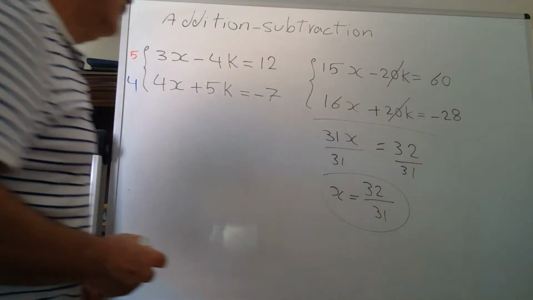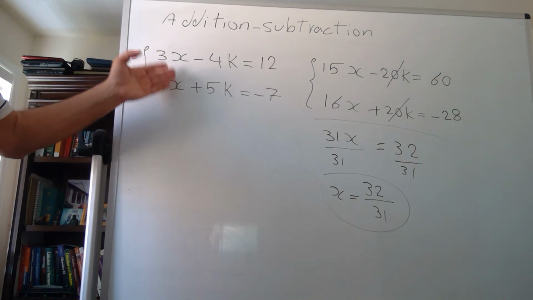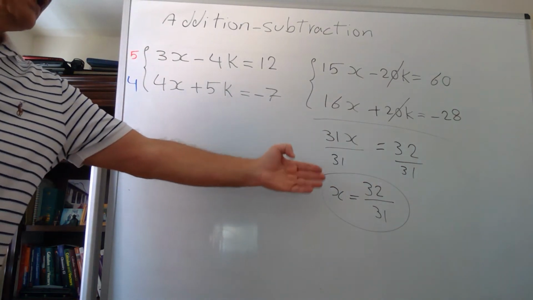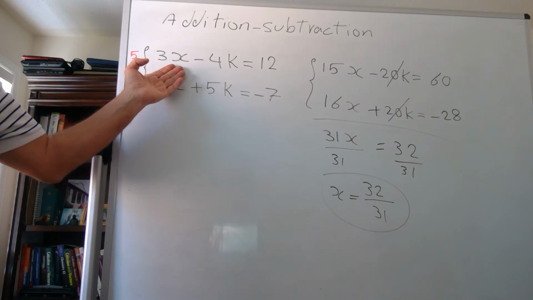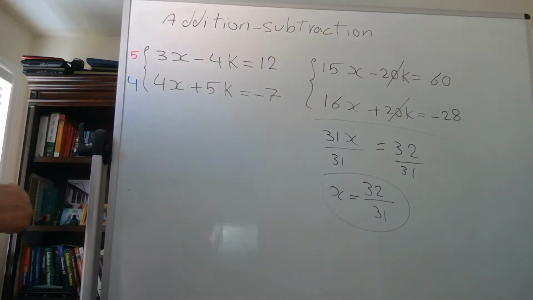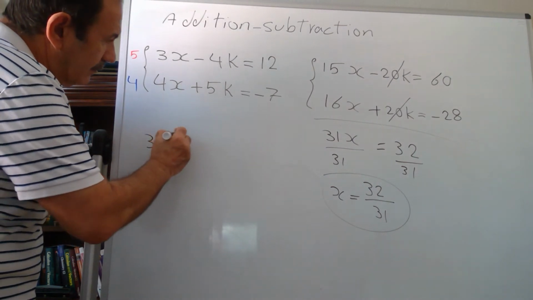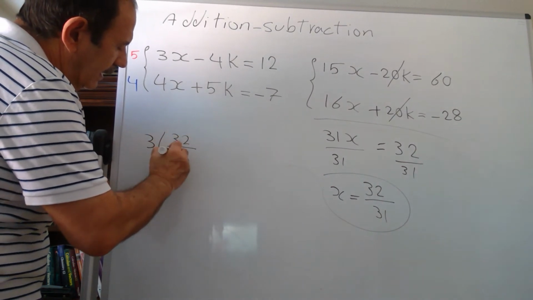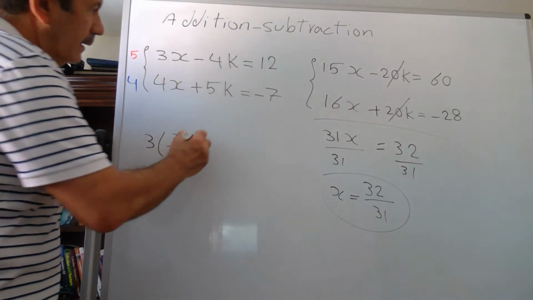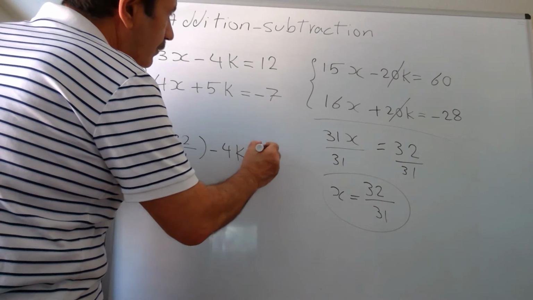This is x. Okay, now instead of x, in either of these equations, substitute 32 over 31 and find k. As an example, in the top equation, instead of x, in this 3x, substitute 32 over 31, right? Then minus 4k is equal to 12.